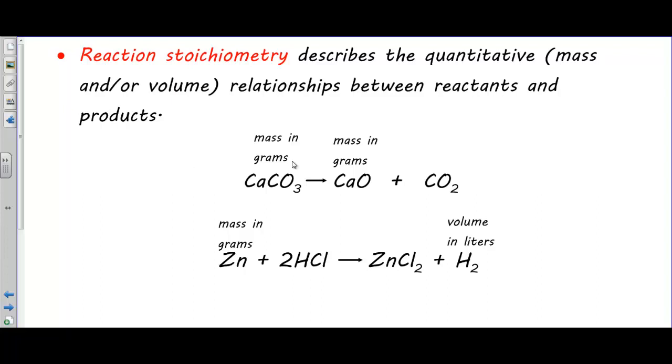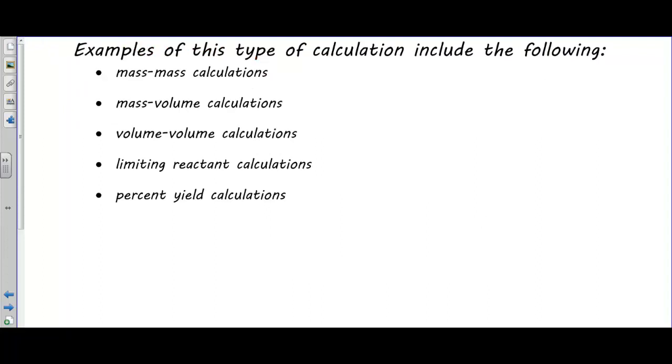There are 5 basic types of reaction stoichiometric calculations that we'll be looking at in Chapter 9. You'll see them listed here: mass-mass calculations, mass-volume calculations, volume-volume calculations, limiting reactant calculations, and percent yield calculations. And again, these are reaction stoichiometric calculations, and they're what we'll study in Chapter 9.